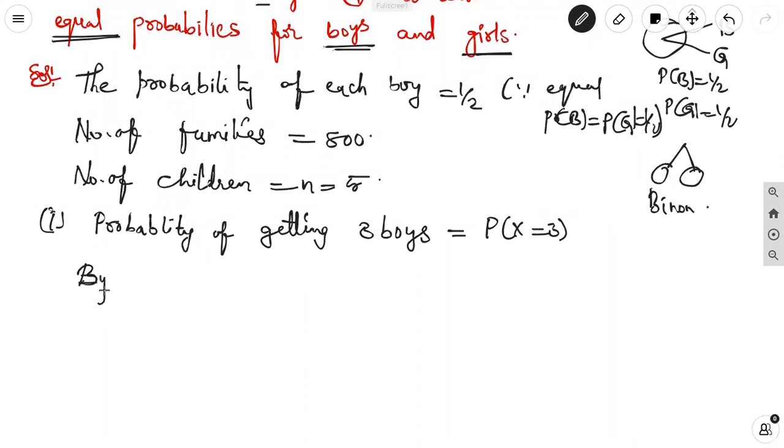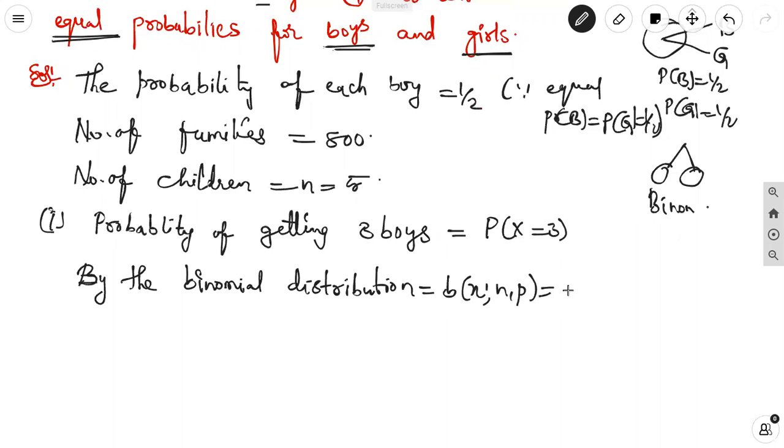By the binomial distribution, that can be defined by b of x such that n comma p is equal to nCx p power x q power n minus x for x equal to 0, 1, 2, 3, 4, 5. Why? Because 5 children. In that, boy means no boy, 1 boy, 2 boys, 3 boys, 4 boys, 5 boys.